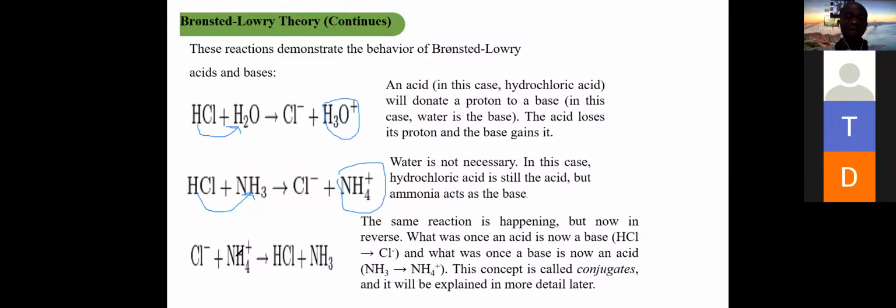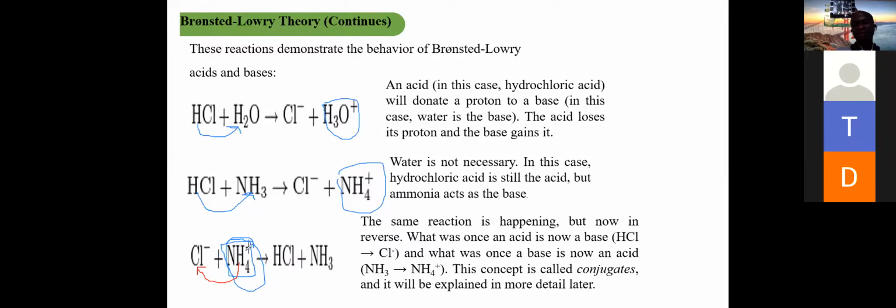You can even look at the third equation. You can even make the ammonium ion, a cation, also act as an acid by making it donate a proton to Cl minus.